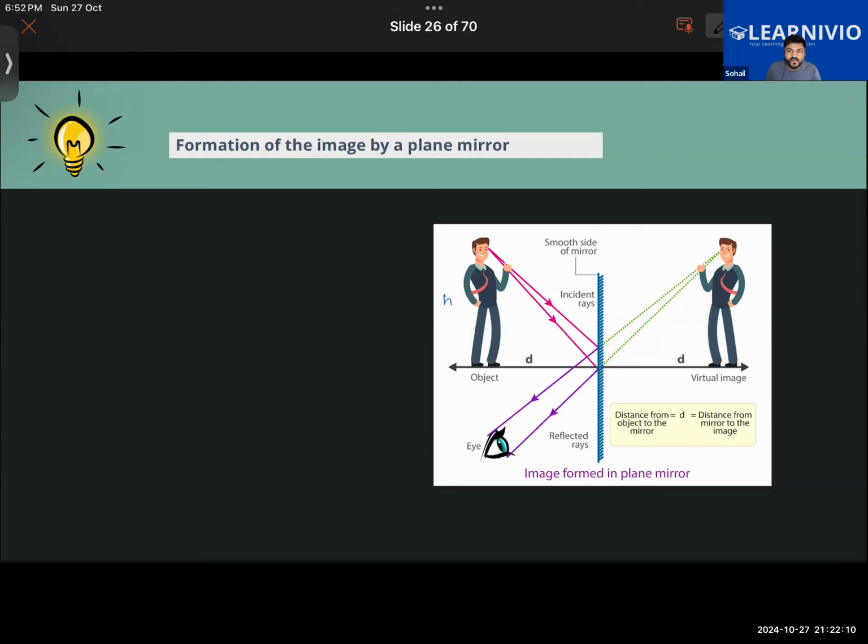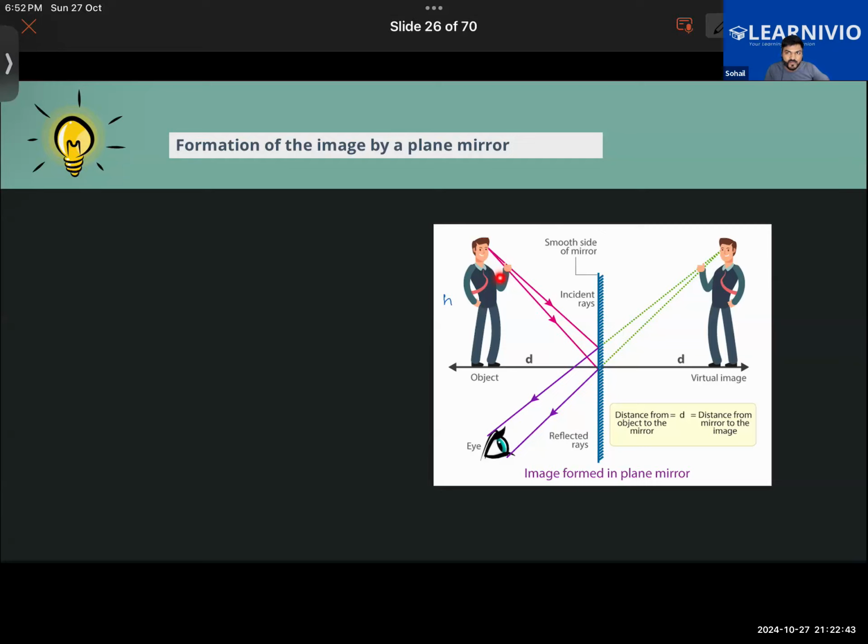But will there only be two rays of light falling on a mirror from an object? In this case, how many rays are reflected from this object? It is shown that it is two only. Yes, sir. But there will be an infinite number of light rays reflected by the body of this person. By the way, what kind of reflection will take place from the body of this person? Will it be irregular or regular reflection?